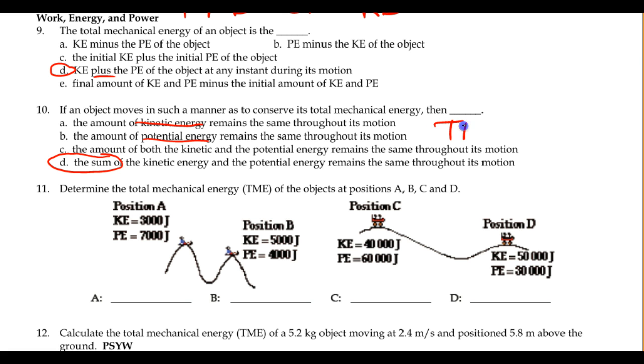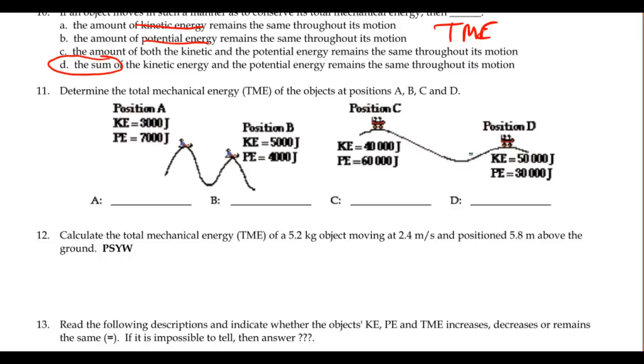So the total mechanical energy is conserved. Conserved here means stays the same. So we may lose potential, but if we do lose, in quotation marks, the potential, it will have been turned into kinetic. So as a total sum, we stay the same.